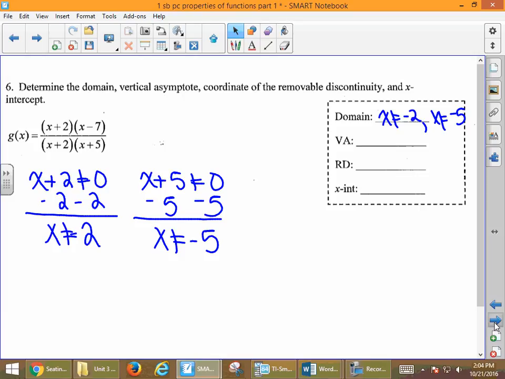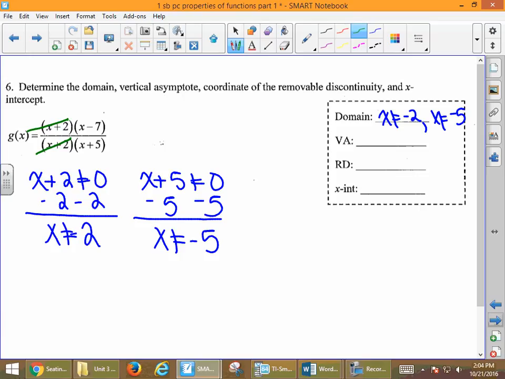So now, vertical asymptote. The other thing that we need to notice here is that in this problem, we happen to have an x plus 2 in the numerator and an x plus 2 in the denominator. Don't cancel out anything until you find the domain, because regardless of the problem, what's in the denominator is not part of the domain, even if you cancel it out.